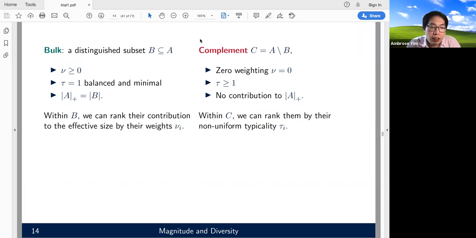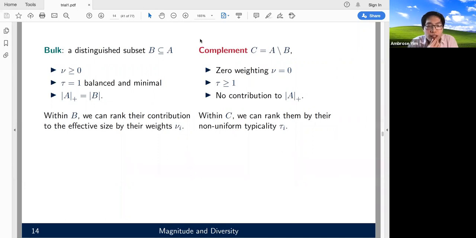And within the bulk, we can rank the contributions to the size by looking at the weight. Going back to that triangle picture I showed, if you have a large weight that's close to 1, then that article has an effective size of 1, and it's isolated, it's far away from other things.